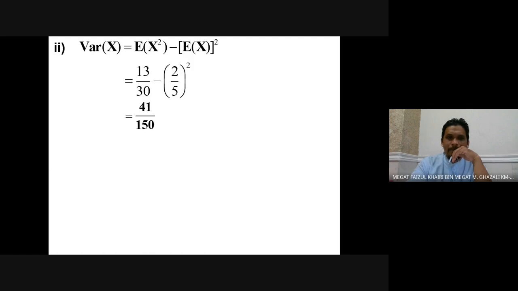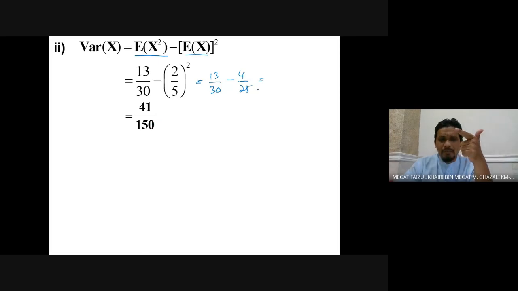So, variance is EX squared, 13 over 30, minus EX in bracket squared, 2 over 5 squared. This one is 13 over 30 minus 4 over 25. Okay, so we equalize the denominator: 50, 100, 150. So make it equal, samakan dengan 150.